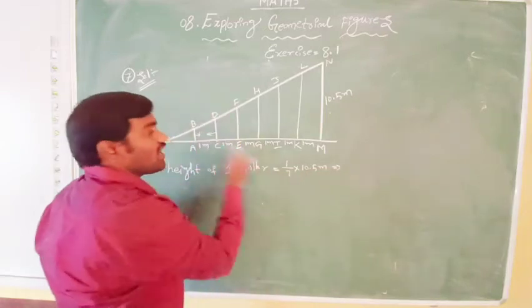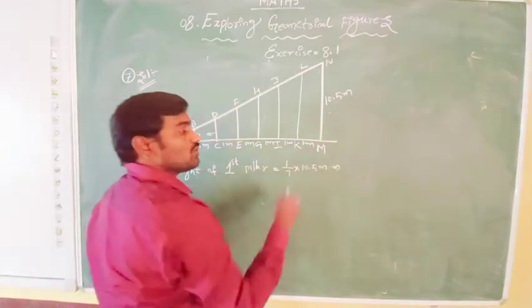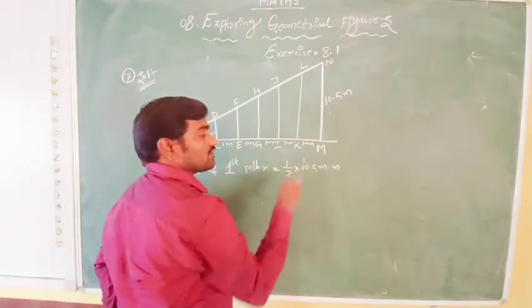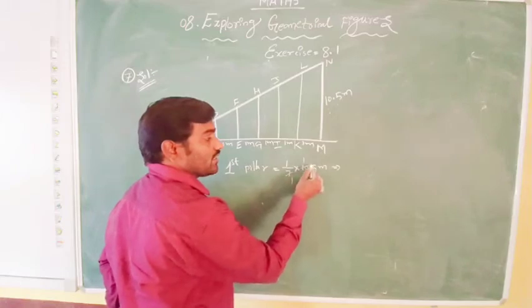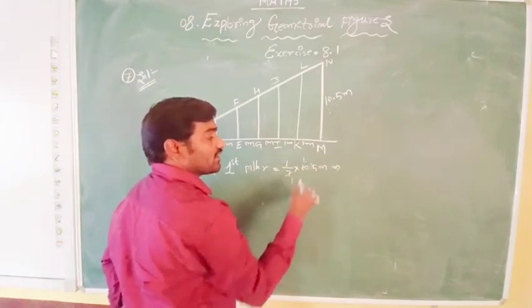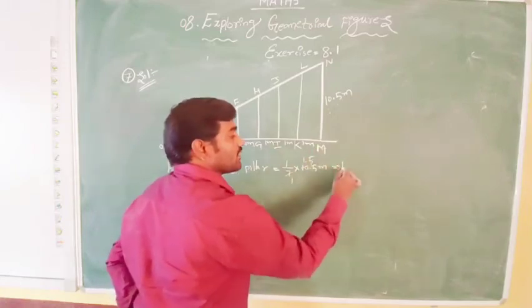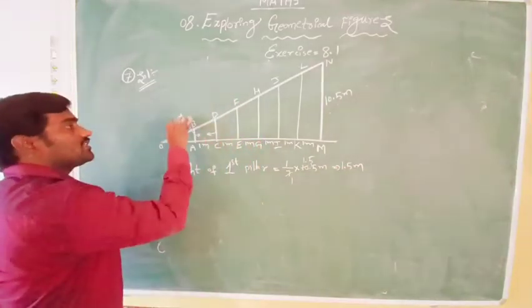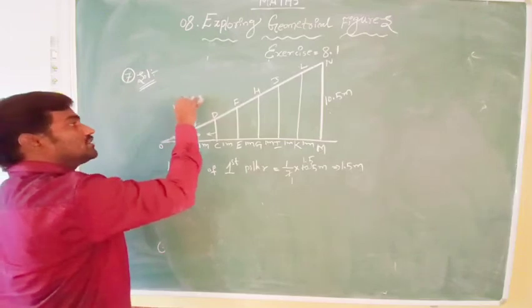This is the first pillar out of these 7 pillars. 10.5 divided by 7: 7 ones are 7. How many left? 3. Okay, put the point here. The 3 becomes 35. 7 fives are 35. That means 1.5 meters. The height of the first pillar is 1.5 meters.